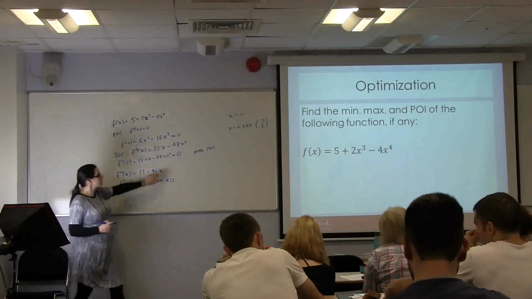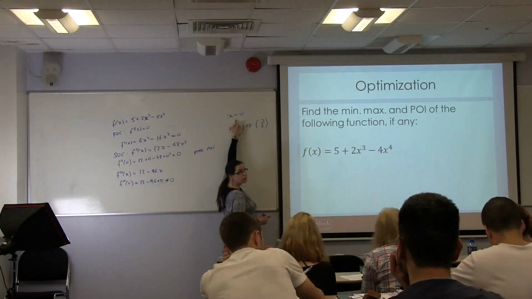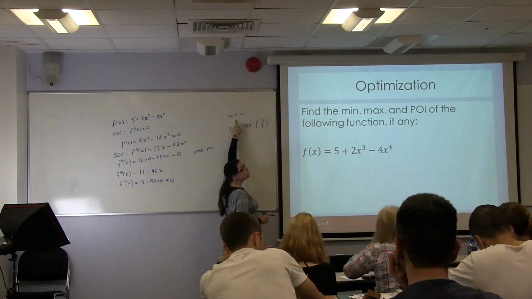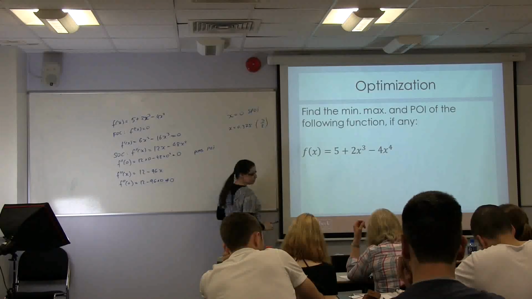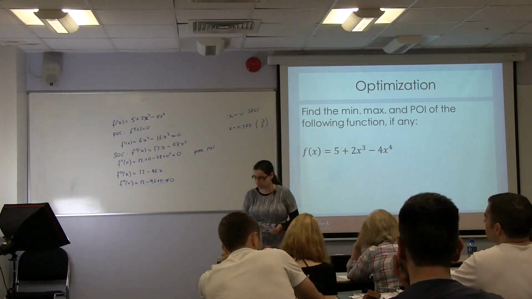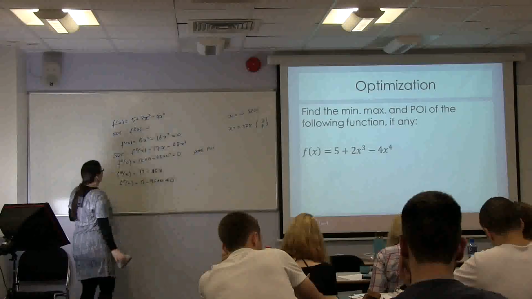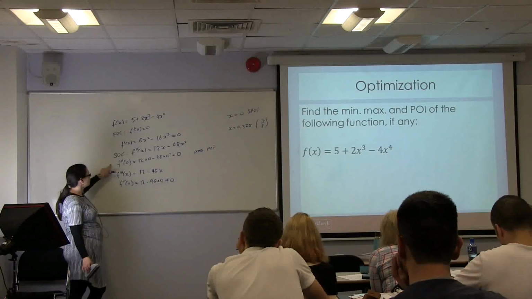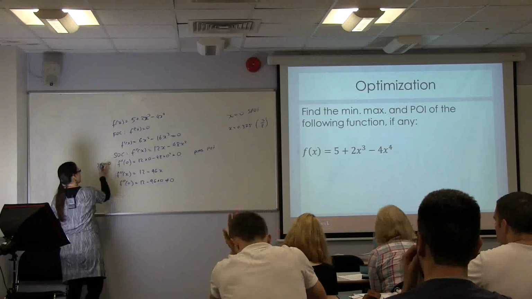So what is this point? Exactly. So that was when x was 0. Should have probably written that down here. So when x is 0, this is what we found.